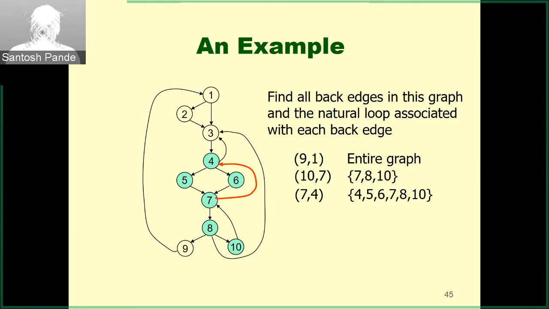If it is of course a nested loop, then we will try to move things out of the inner loop first, such as 7, 8, 9, 7, 8, 10, and once we move it out of that, we will create a pre-header to 7, and then it will be a part of the outer loop, which is this big 7-4 loop.